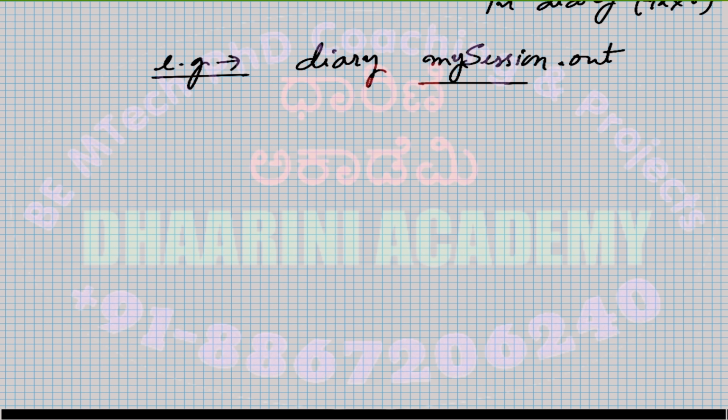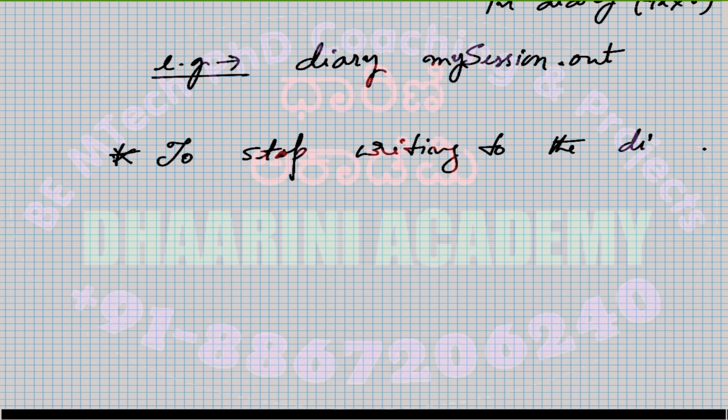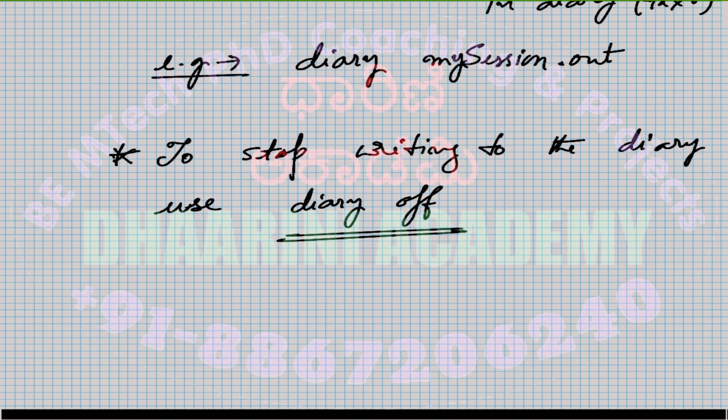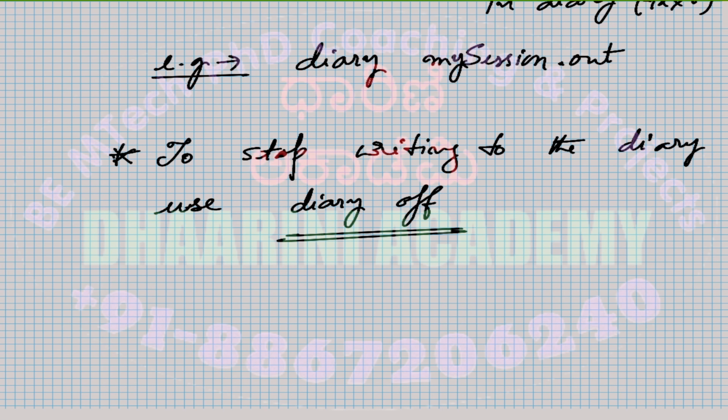Now let us assume that I want to finish the session and stop writing to the diary. To stop writing to the diary, use a command called diary off. Then in a text editor, if I open the file, I will be able to see everything that I did.